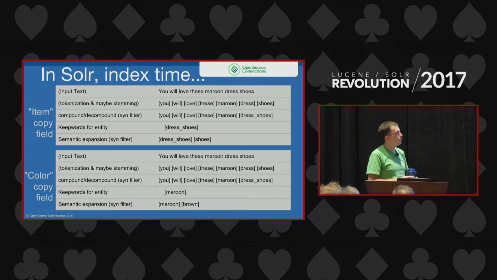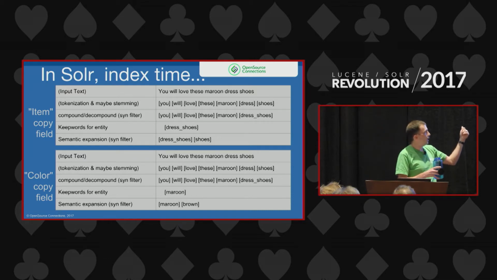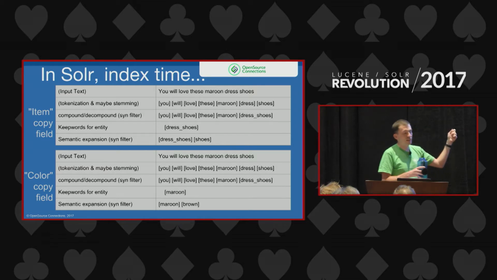And there's a really phenomenal characteristic here, because if you think about how this works, we're actually working with the structure of language and how TF-IDF scoring works. Because what's going to happen is shoes is going to have a really high document frequency and a low IDF.